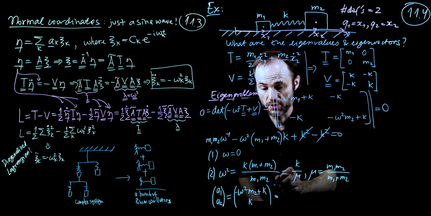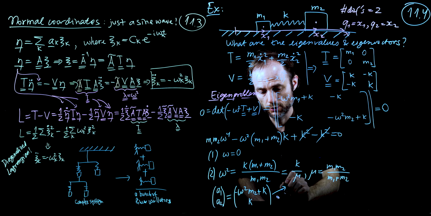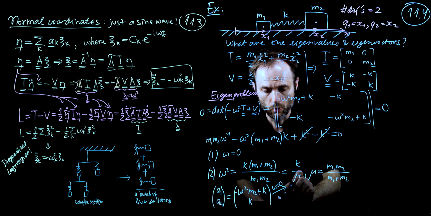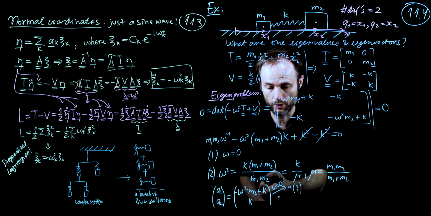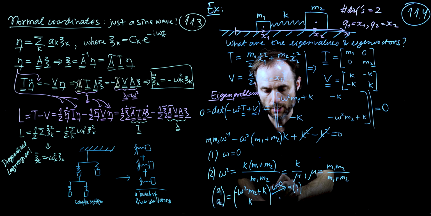So the two possibilities for this: omega equal to 0, and if so, we're going to get the eigenvector to be proportional to 1, 1, right? Because this goes away, it will be k, k, or 1, 1. And the other possibility is omega is not equal to 0. So minus omega squared, it will be this, right?